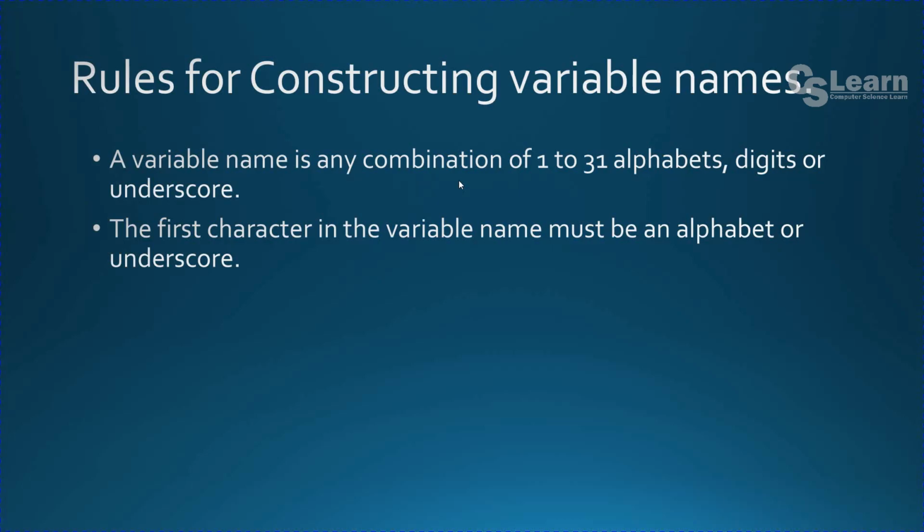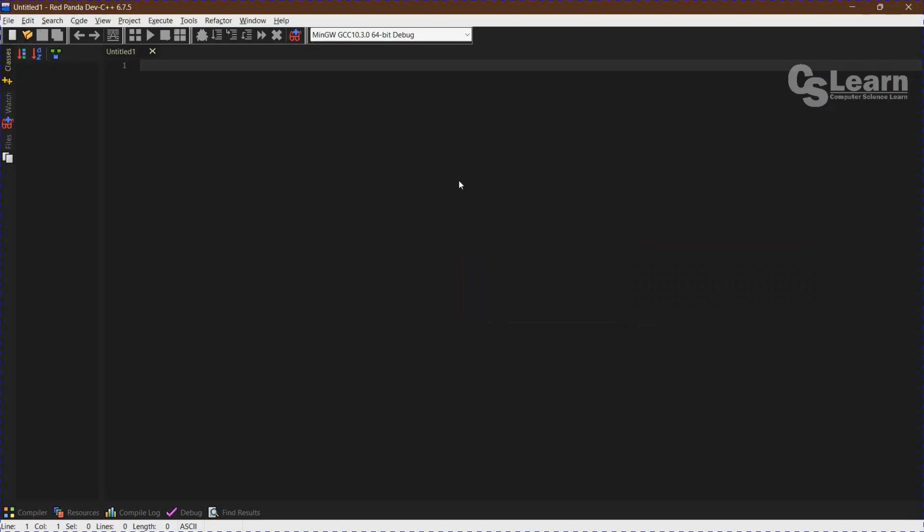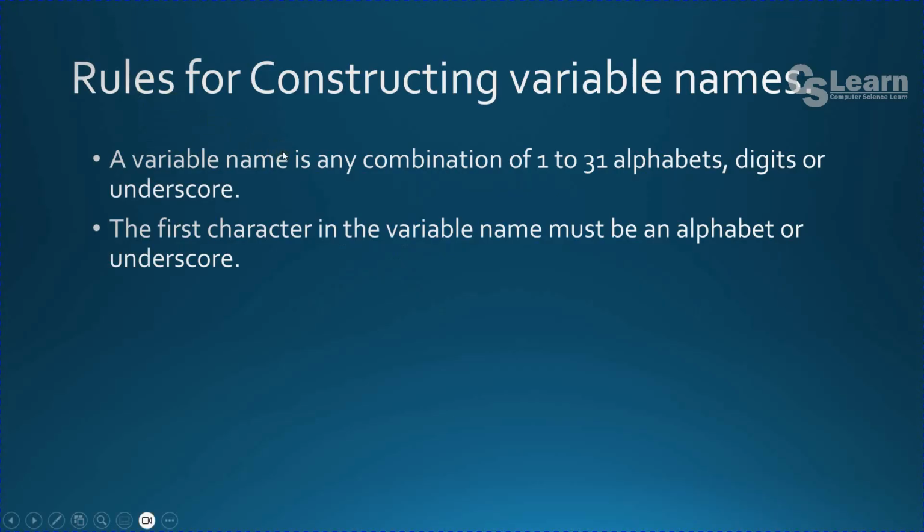For example, here you see integer a is a variable name, but integer 9b is not a variable name, so the IDE denotes it as an error. The first character in the variable name must be an alphabet or underscore.